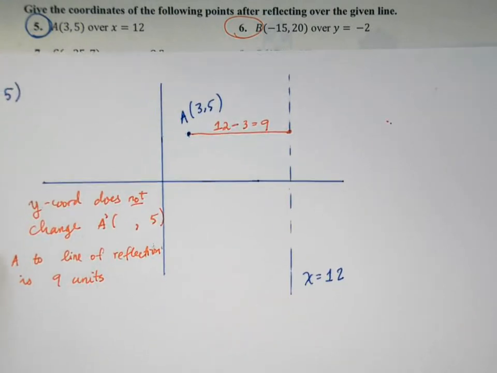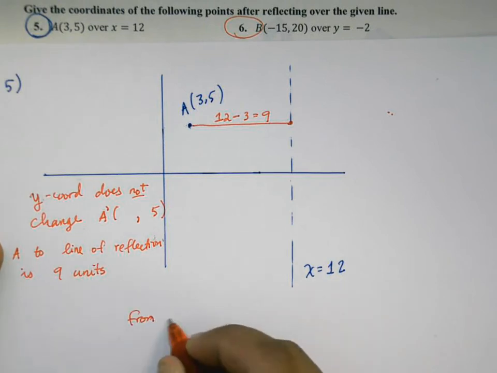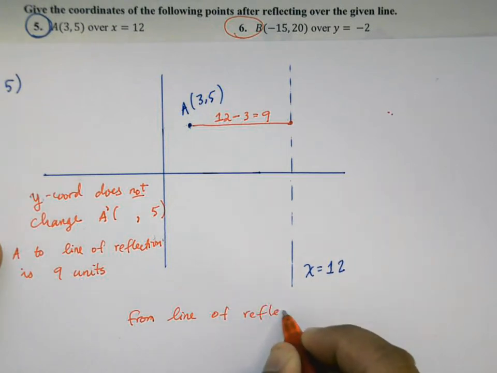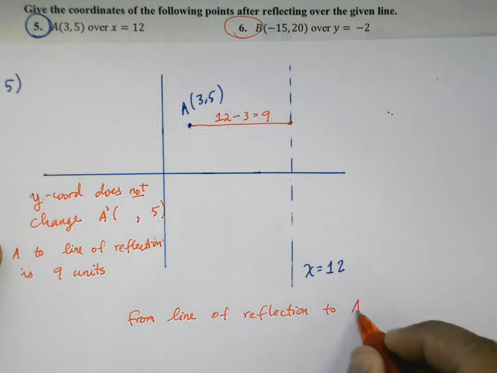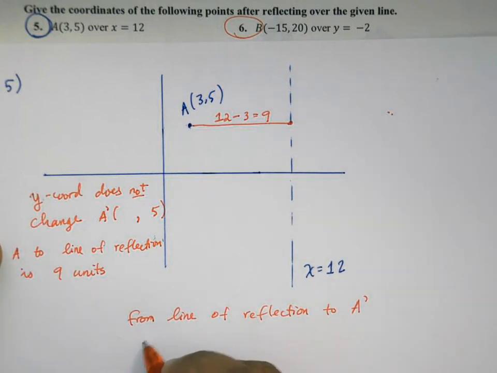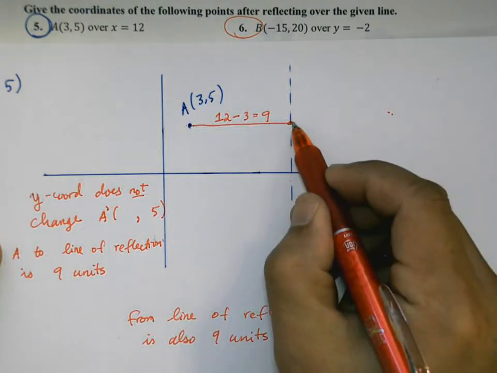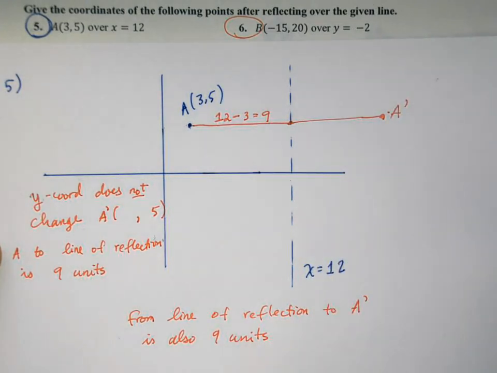And from that we can conclude that, from the line of reflection to A prime is also 9 units. So from here to A prime, wherever that is, that's also 9 units.